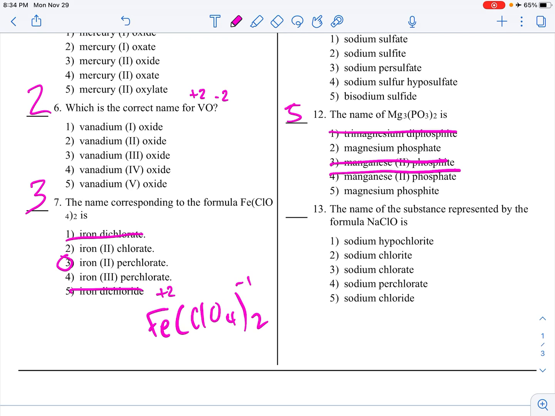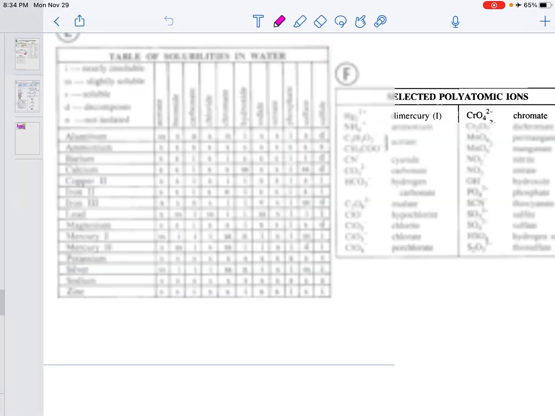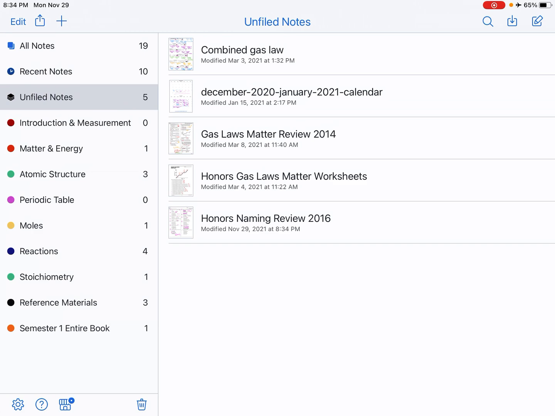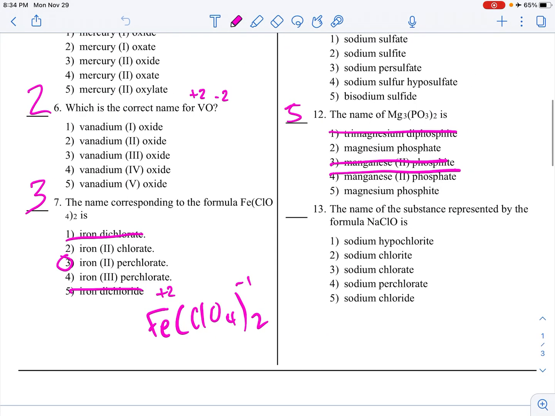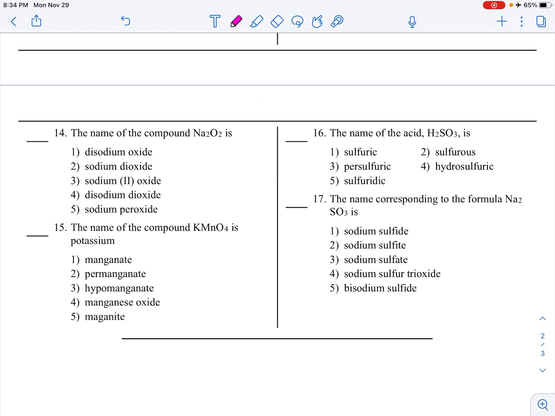NaClO. So sodium, obviously, what is ClO? I'm pretty darn sure that's on here. ClO is hypochlorite. Choice 1. The name of Na2O2. This is sodium peroxide.